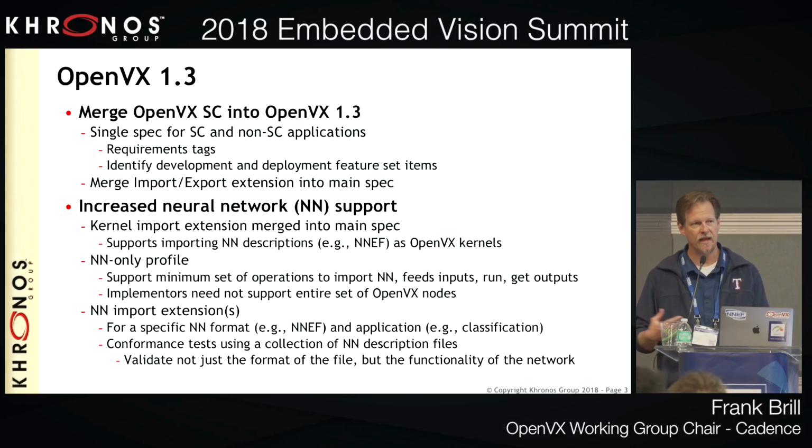So we could have a way to say what to expect from the capabilities of an implementation of the neural network extension, whether it's getting the right answer. And there could be groups of those for classification or semantic segmentation or things like that.